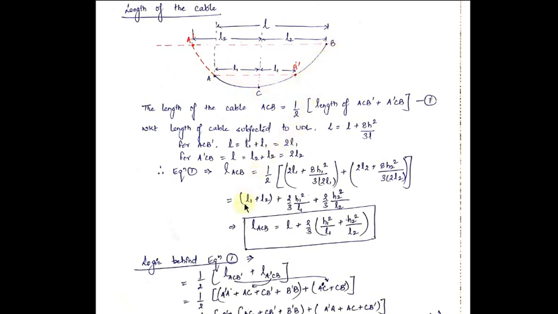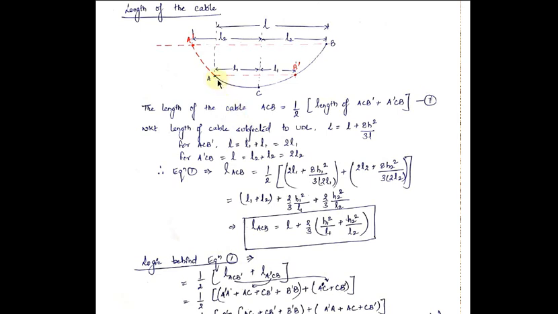Now let us first see the logic behind this equation number 1. We are saying that the length of ACB is equal to half of length of ACB dash plus A dash CB. So I write it here, half length of ACB dash plus length of A dash CB. Now I'm going to break up this ACB dash into different parts.